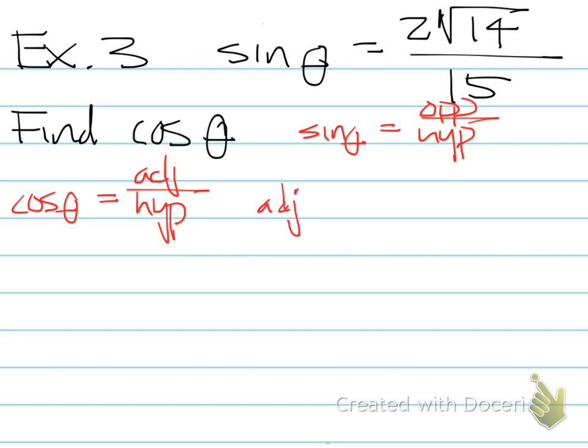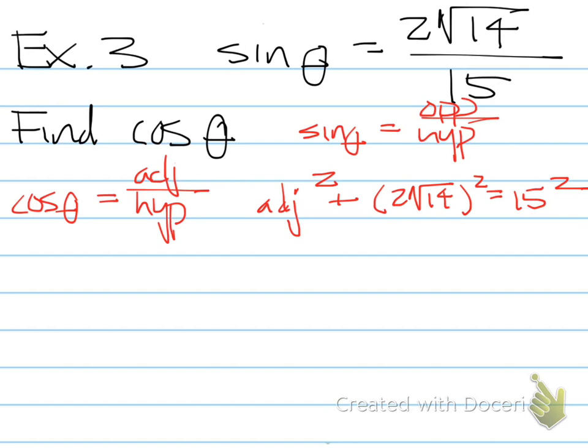So I should probably start by drawing a right triangle. The adjacent side squared plus the opposite side squared, which is 2 root 14 squared, equals the hypotenuse squared, 15 squared.